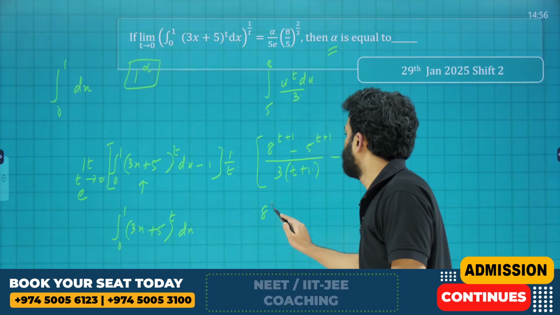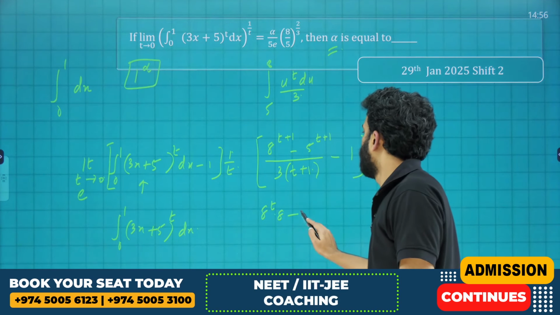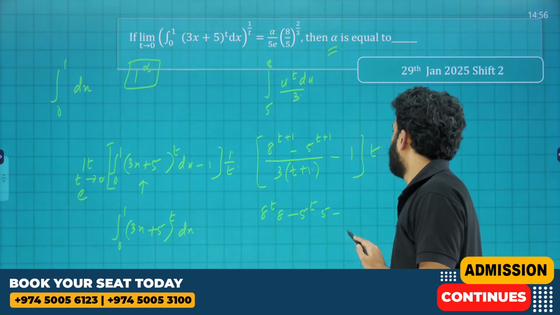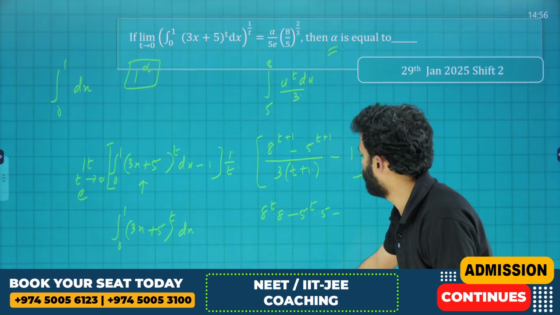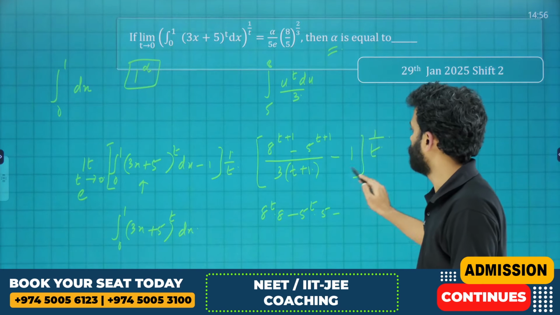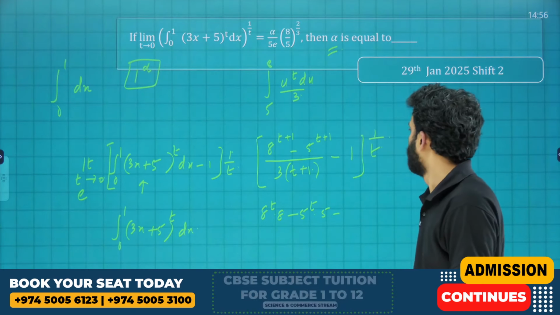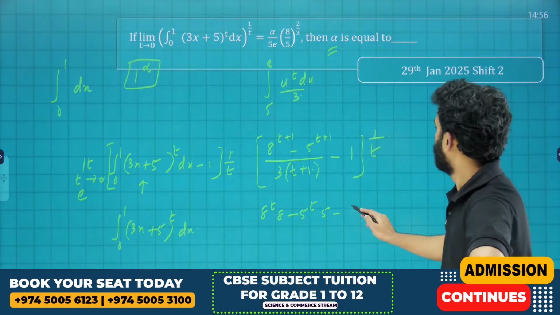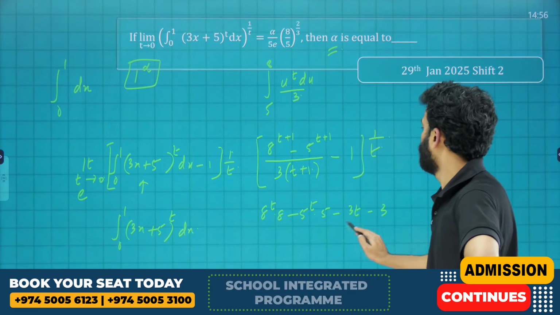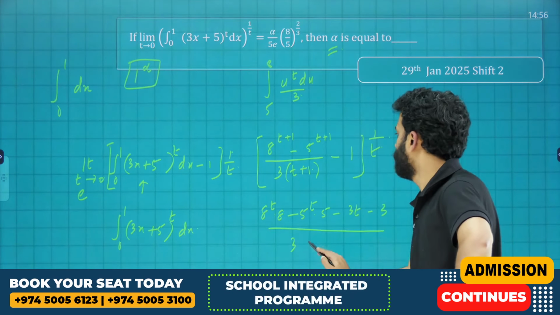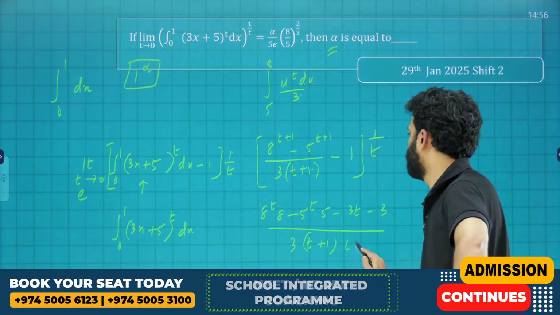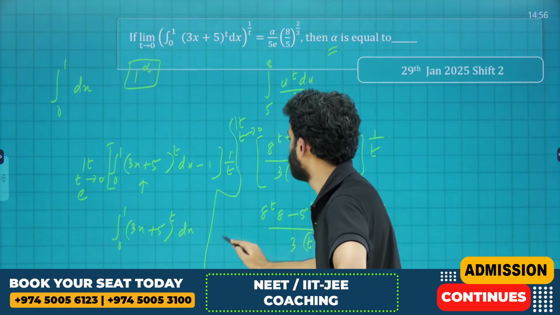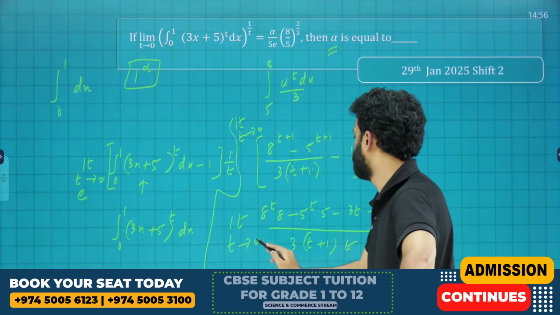It will be 8 raised to t into 8 minus 5 raised to t into 5, minus 1 by t will be there. So the denominator becomes 3t square plus t. After cross multiplying you will get 3t minus 3 divided by 3 into t plus 1 into t. We need to assign limit t tends to 0 here. Sorry, forgot to assign that; here also we have limit t tends to 0.